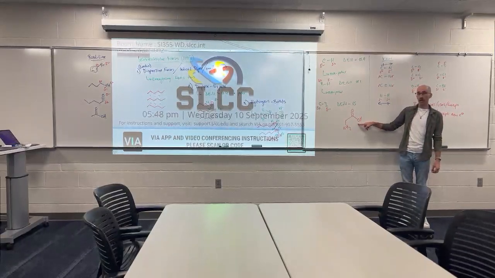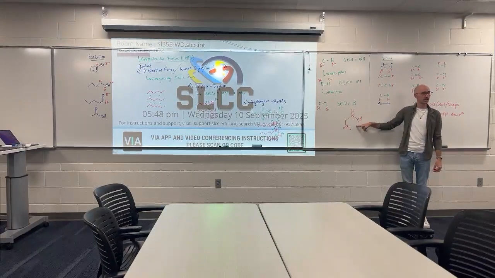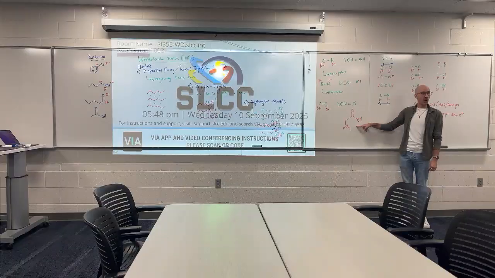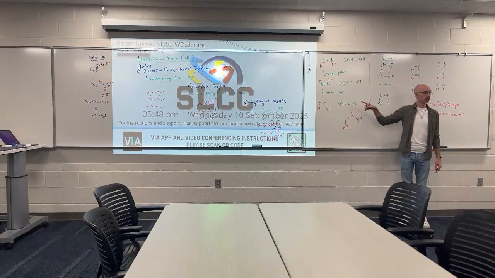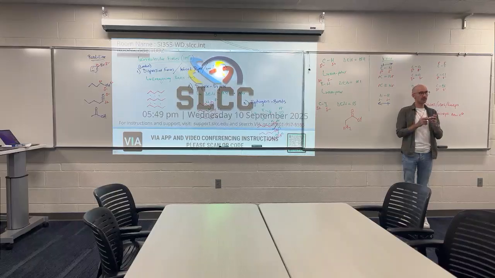There's also an OH bond and oxygens with lone pairs. And then there's OH to the nitrogen's lone pair, NH to the oxygen's lone pair. Absolutely. Amino acids can definitely hydrogen bond to each other.